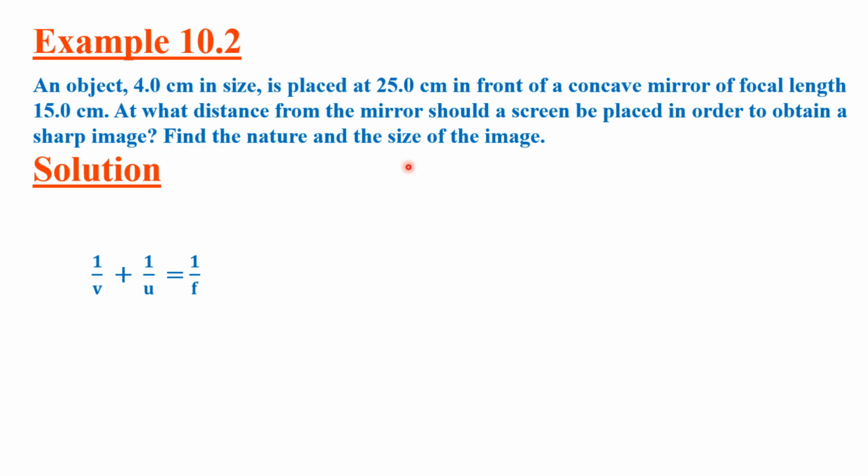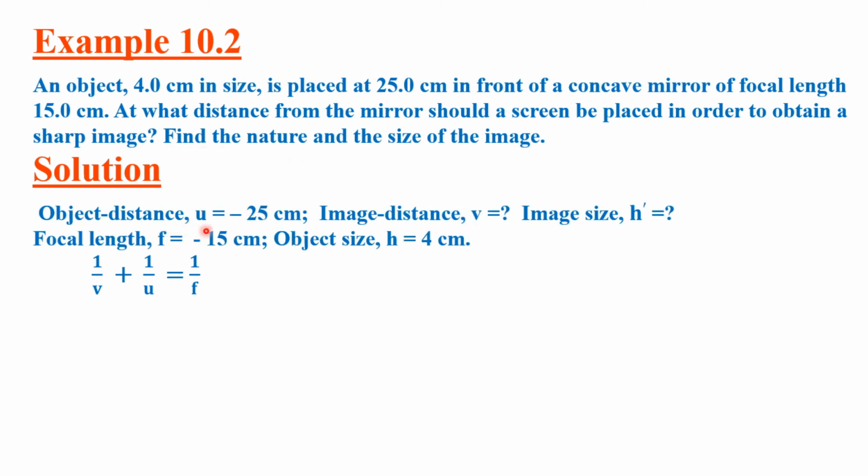Find the nature and size of the image. Data given is U equal to minus 25 cm, V is a question mark, H dash is also a question mark. Focal length is minus 15. Why minus sign? Because the mirror is a concave mirror. The object size, H, is equal to 4 cm.